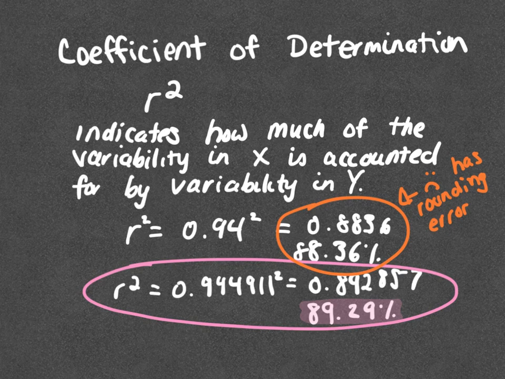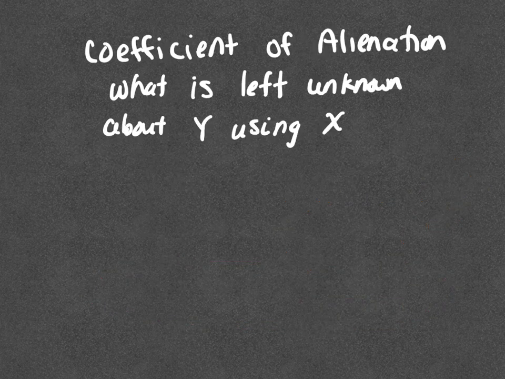This means that the remaining amount leading up to 100 is unknown. This is known as the coefficient of alienation. To be alien means to be foreign or unknown. So our coefficient of alienation tells us what's left unknown about y when we've used x. The formula for the coefficient of alienation is 1 minus r squared.